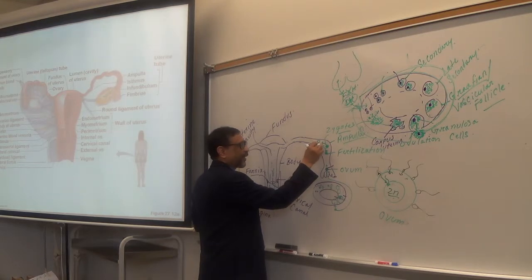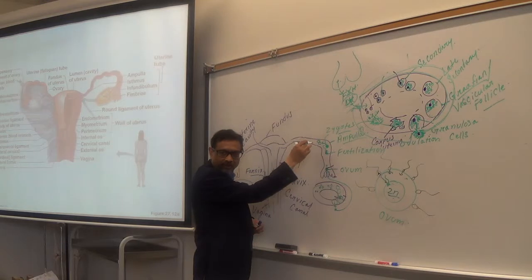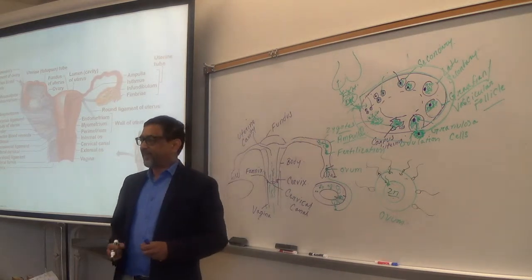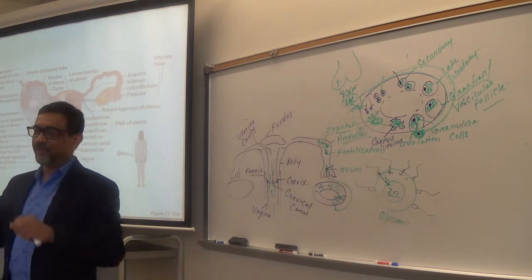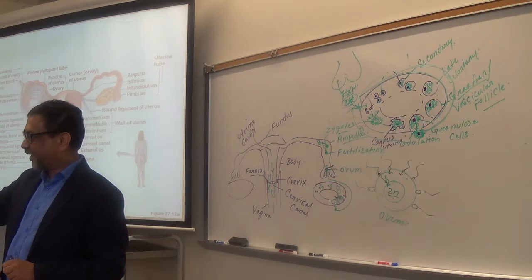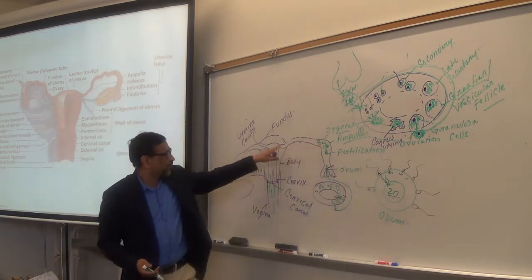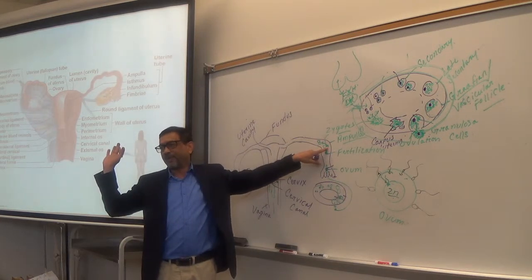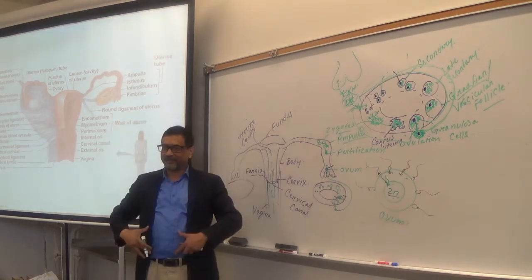It will divide by mitosis into 2. Now remind me, mitosis keeps the chromosome number same or reduces? Same. Very good. Meiosis reduces to half, right? So all these cell divisions from this point will be done by mitosis to keep the chromosome number same in all body cells. Make sense?